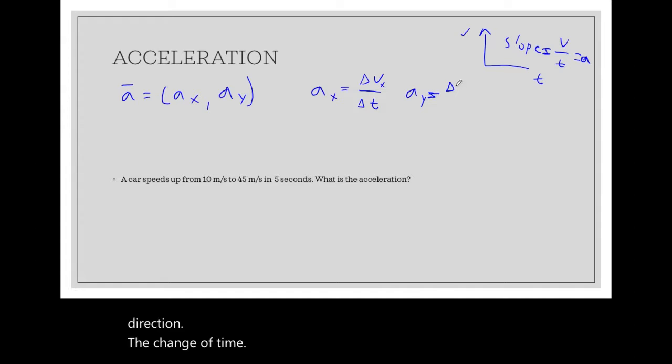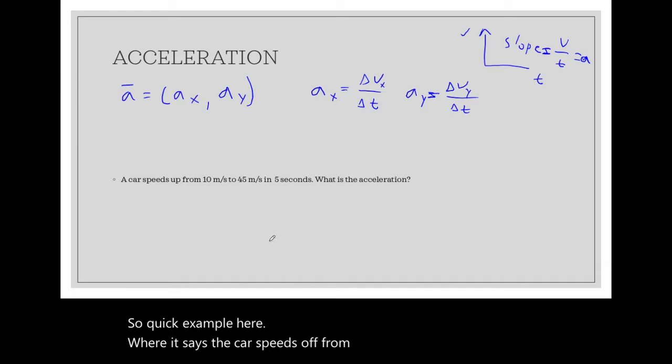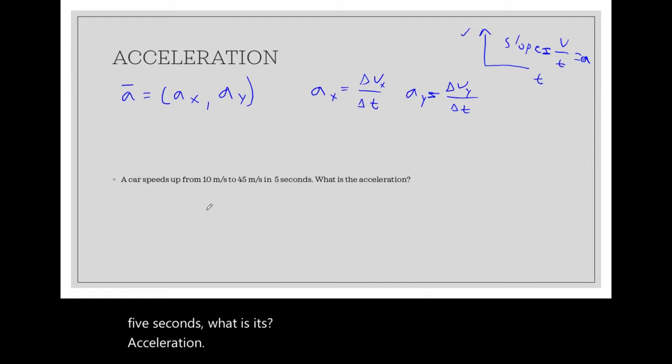And so I have a quick example here, where it says a car speeds up from 10 to 45 meters per second in 5 seconds. What is its acceleration? And so I think that's pretty straightforward.